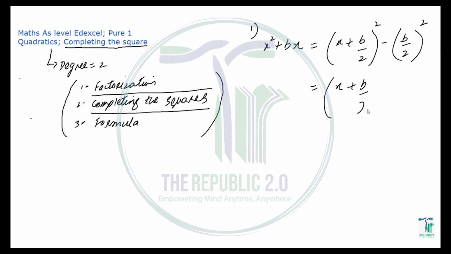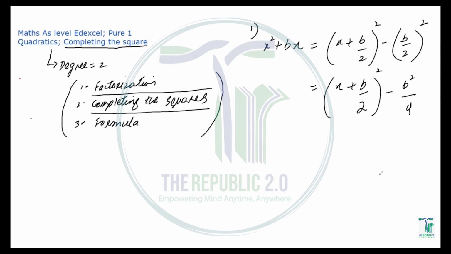We can further write it as (x plus b by 2) squared minus b squared divided by 4. That is how we can solve any quadratic equation or get the vertex, the stationary point or the turning point of a quadratic curve.